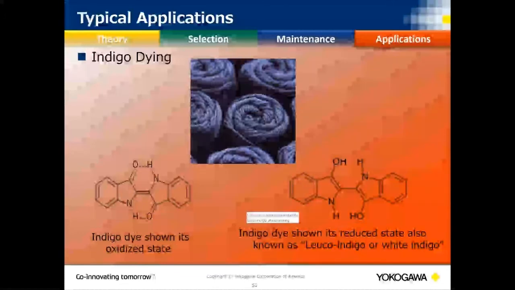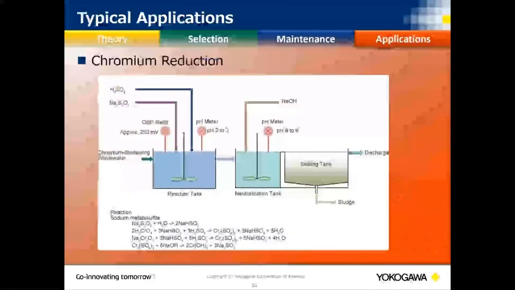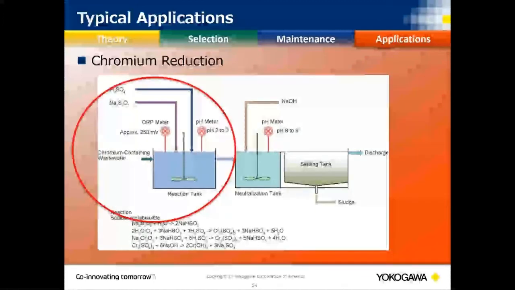Another one that's not as fascinating, necessarily, in the water treatment world, but you know, indigo dyeing. It's an oxidation reduction. So how long or how strong this reaction goes on will determine how dark our jeans are. And then another bigger one, the two most crucial ones that could cause more harm than good, is the electrode plating wastewater plants.